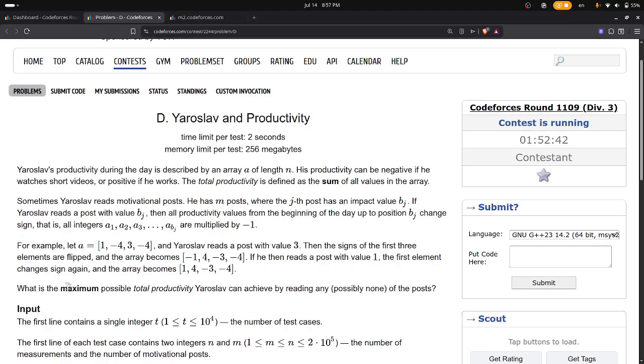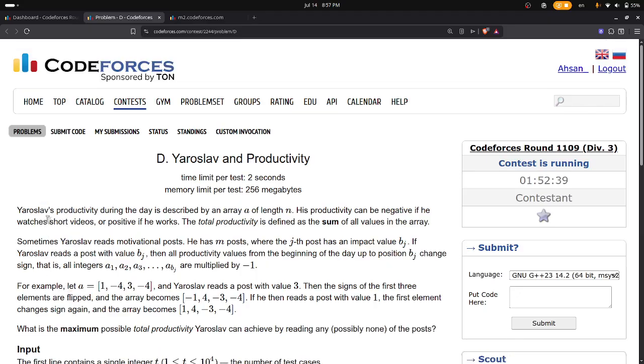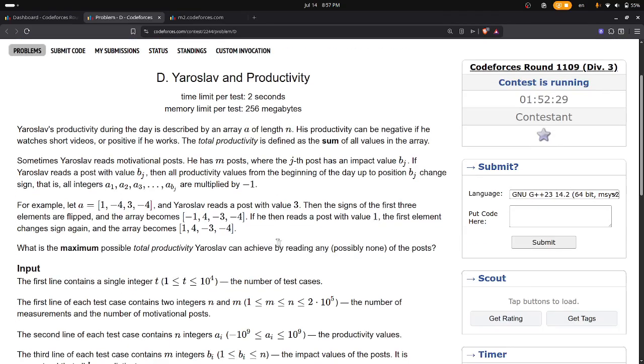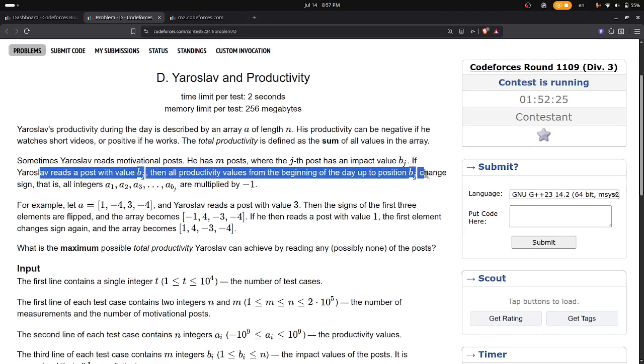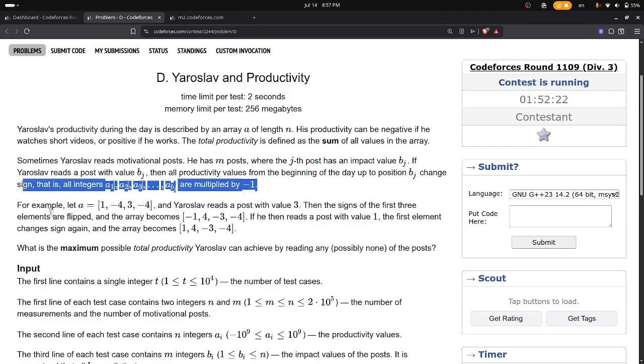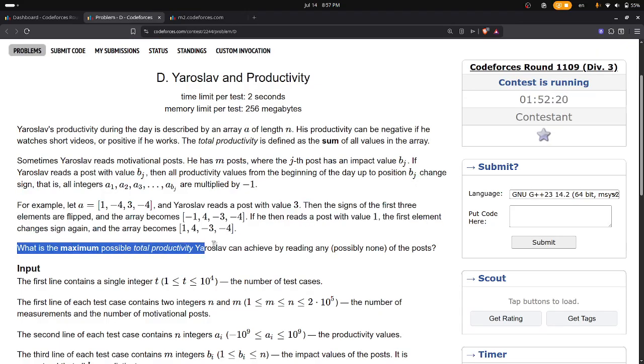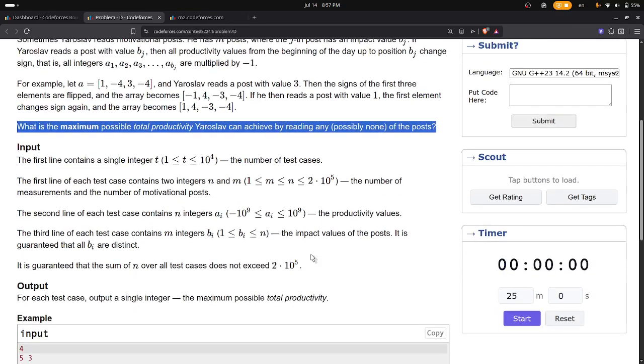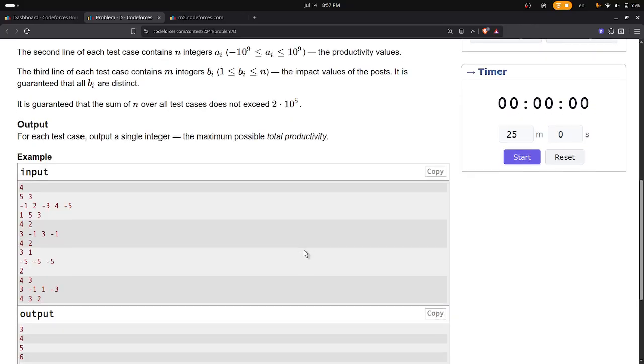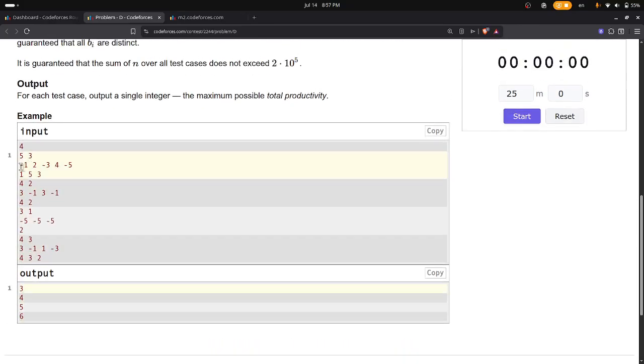Any of the posts? Any of the posts. Okay, got it this time.